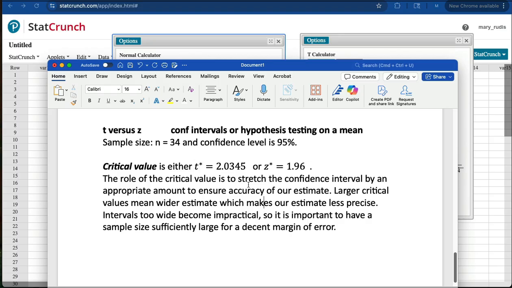And remember what I said about comparing, like what does this critical value actually do? When the critical value is larger, it's going to make our interval wider. It's going to stretch it out more. So T star is slightly larger than 2, and Z star is underneath 2.